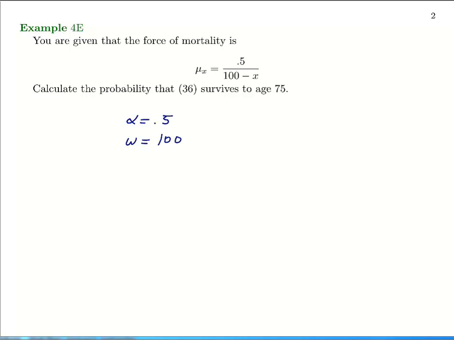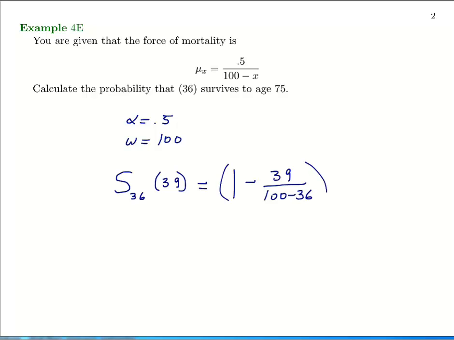And we want the probability that 36 survives to age 75, so we want S36 of, let's see, 75 minus 36 is 39. So that a 36-year-old survives 39 additional years. And for the DeMoivre, it would be 1 minus T, so 39, over 100 minus 36.